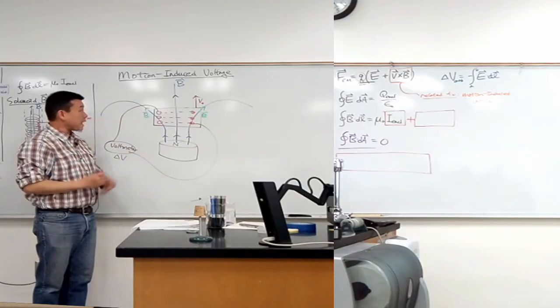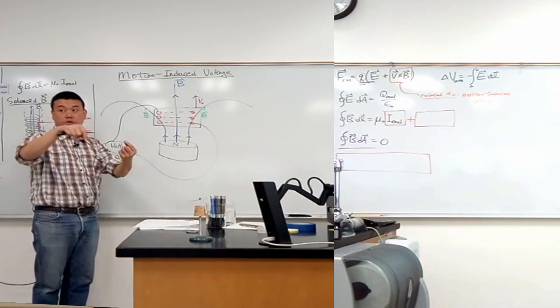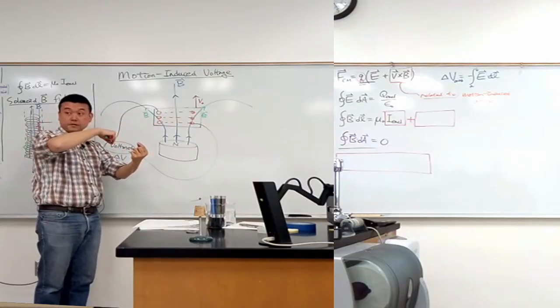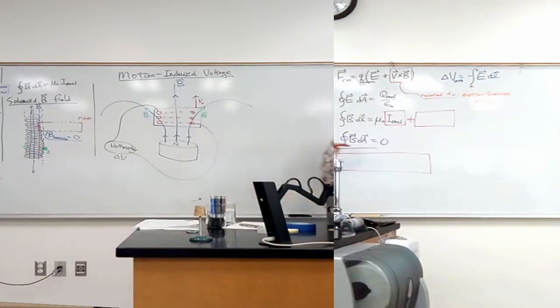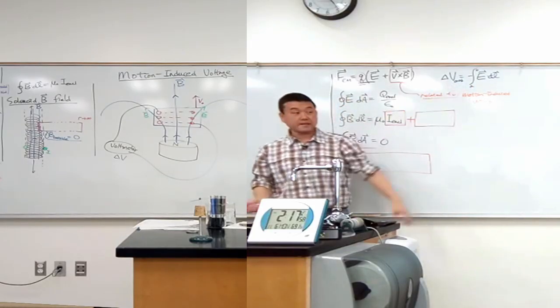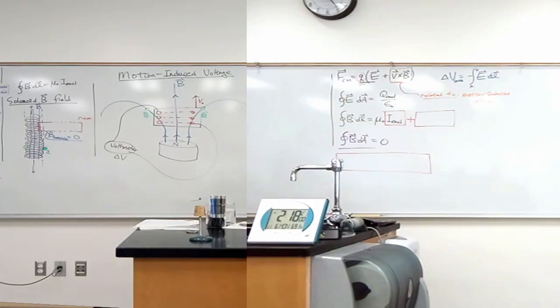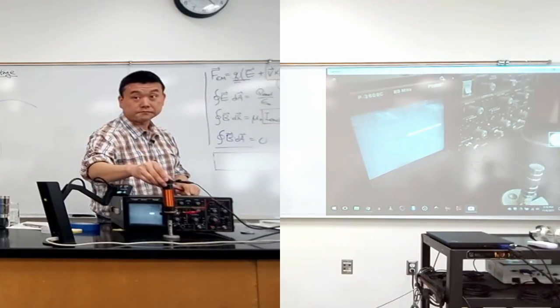So V cross B is going along the direction of the loop. If you take the line integral along the loop, you will get voltage. And that's the motional voltage that you are seeing measured by the oscilloscope.